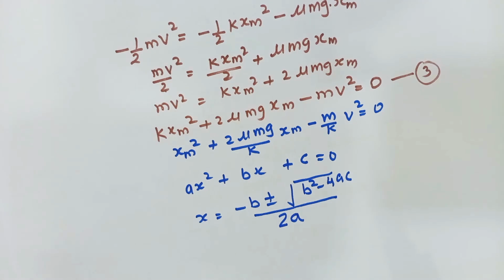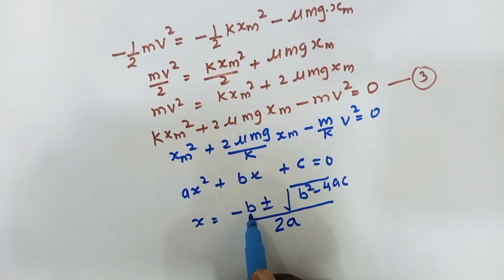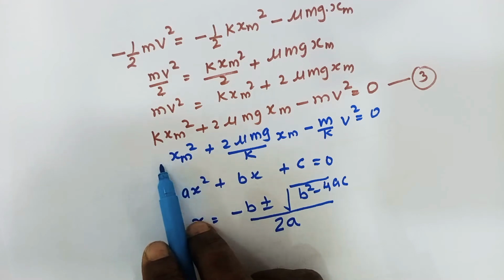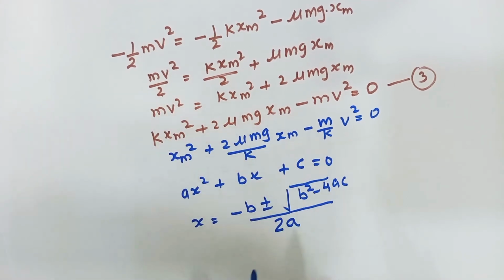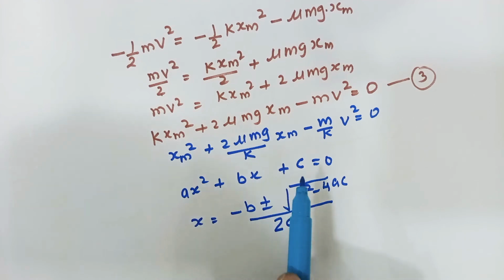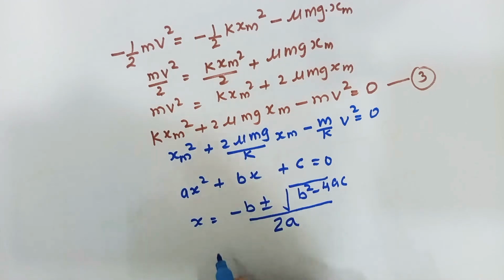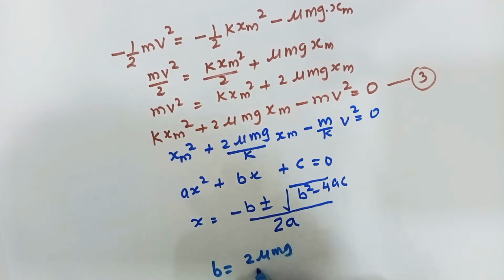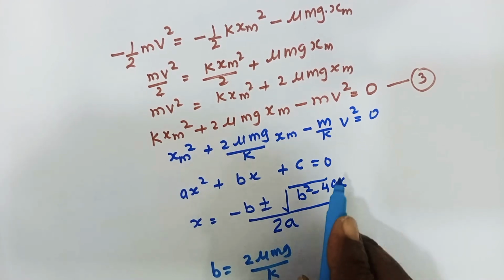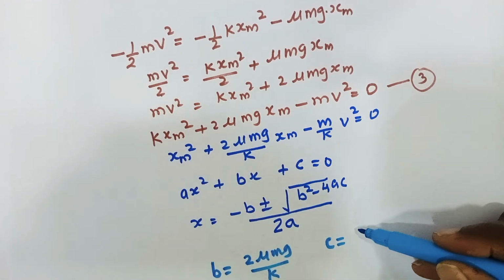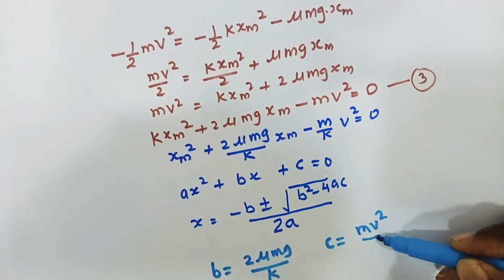Because it is a quadratic equation in xm, a will be 1, no problem. Then b is everything apart from xm, so our b will be 2 mu mg by k, and c will be minus m v square by k.